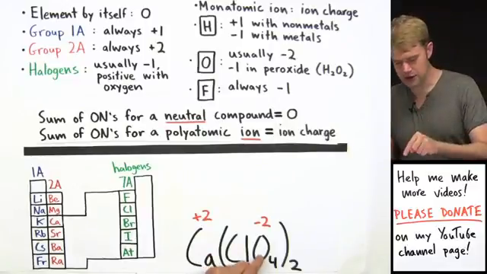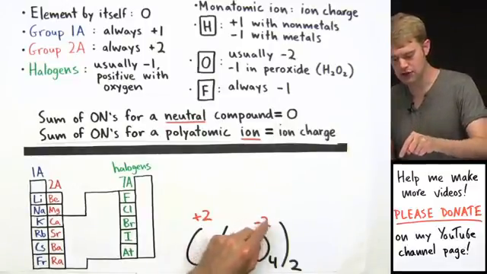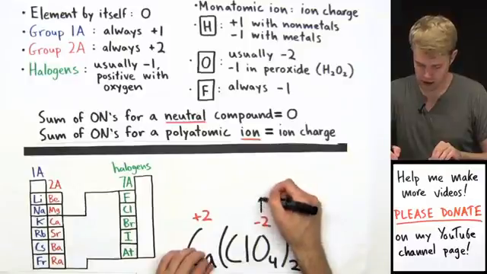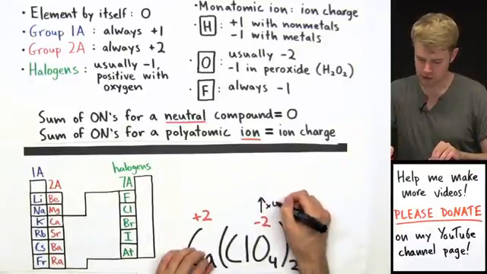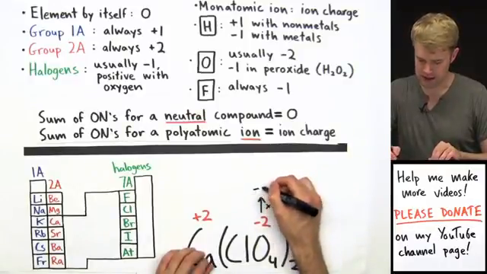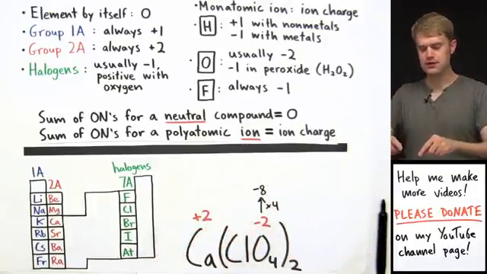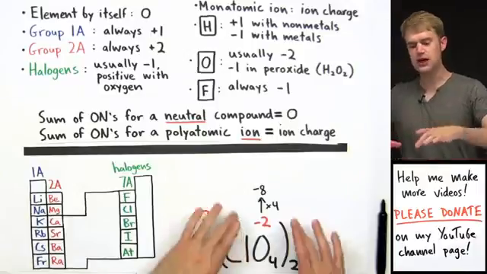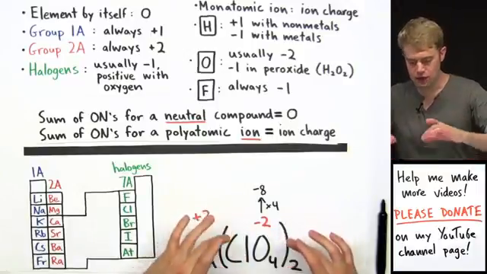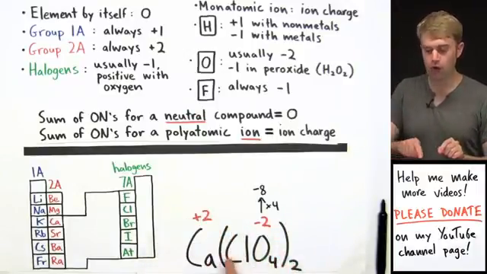The first thing let's do is do the multiplication within the parentheses. Okay, we have oxygen here with an oxidation number of -2, and we have 4 of them. So I will do -2 times 4 gives me -8 total. But now we have these parentheses, and we have this number 2 outside of the parentheses. That means that we have 2 of this whole thing.